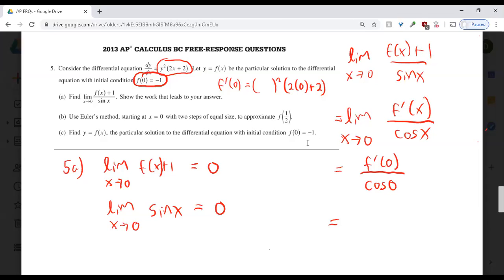It tells us y is -1. So this is going to equal 1 times 2, which is 2. So I'll plug that in here. This is going to be 2 over 1. So my answer is 2.